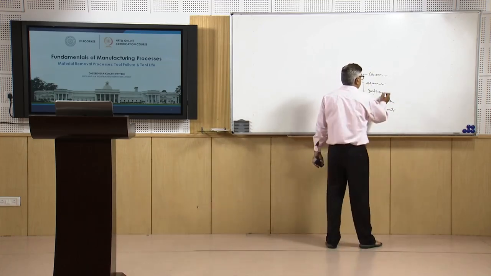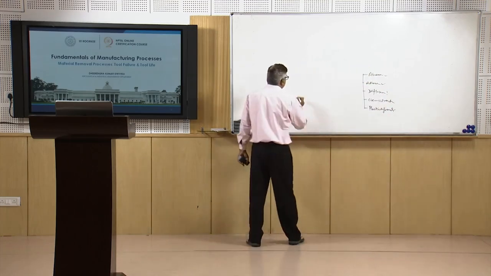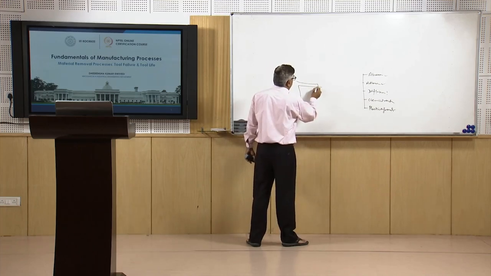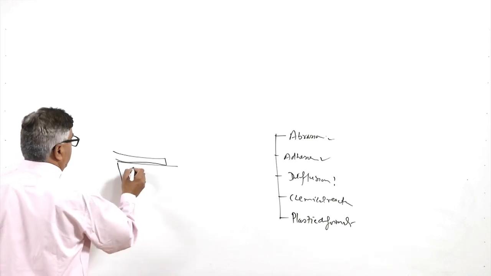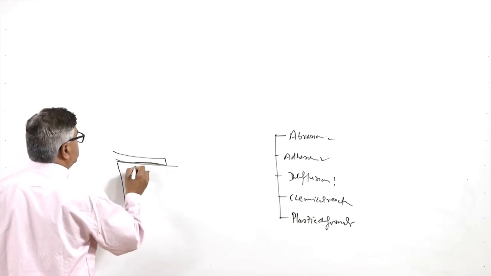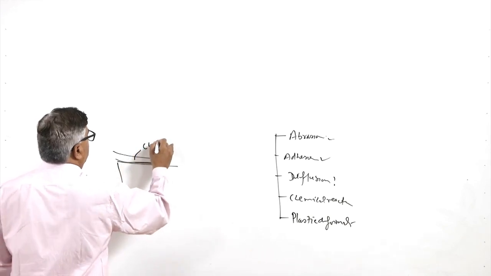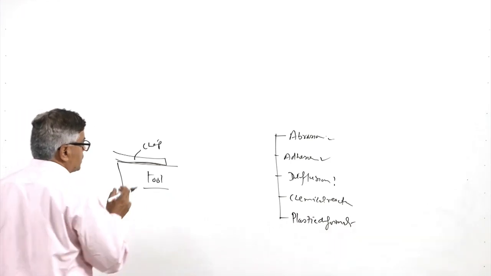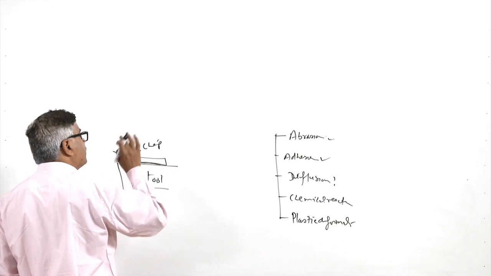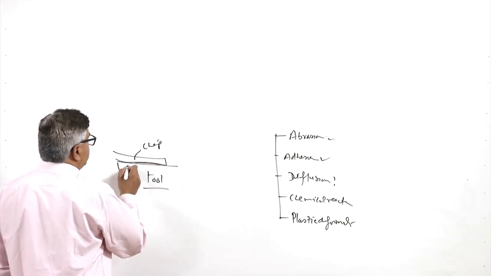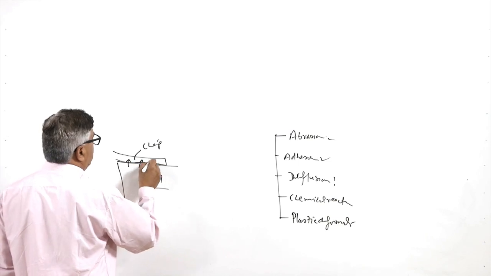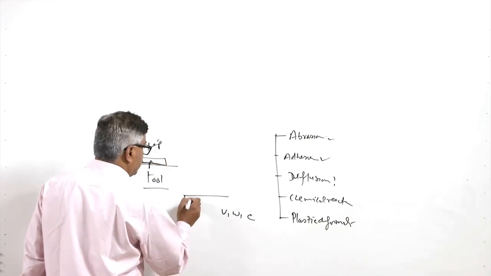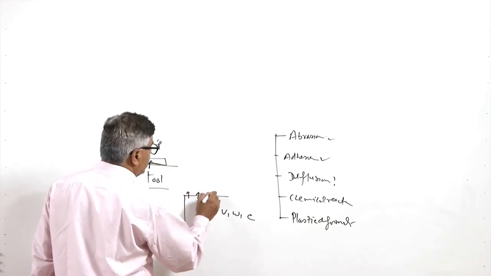Diffusion is another mechanism, wherein high temperature is generated at the tool chip interface, and the chips are in contact with the face of the tool. Because of the difference in composition between the chip and the tool, and since the tool material has a lot of alloying elements and special constituents which are not generally present in the chip, the alloying elements start getting diffused into the chips. Over a period of time, elements like vanadium, tungsten, carbon, etc. get diffused into the chips.